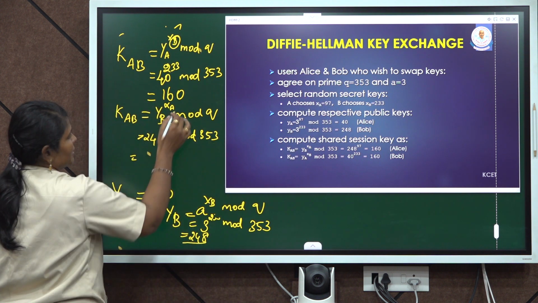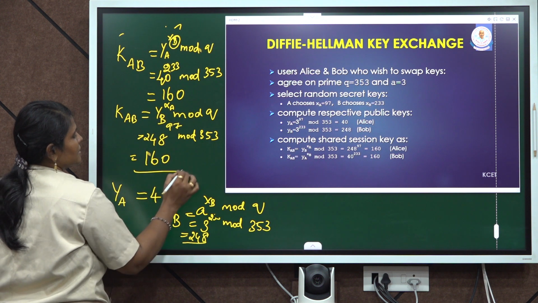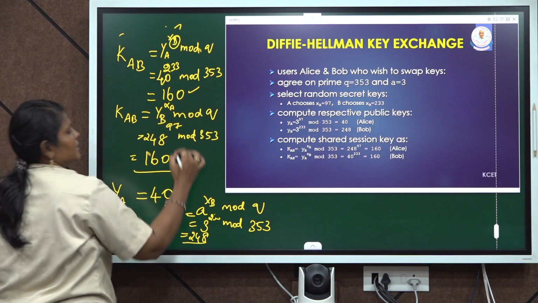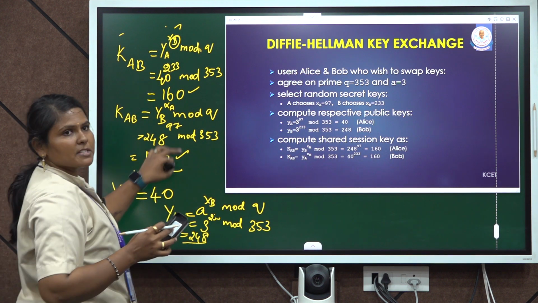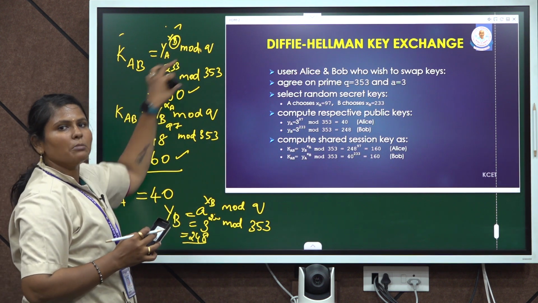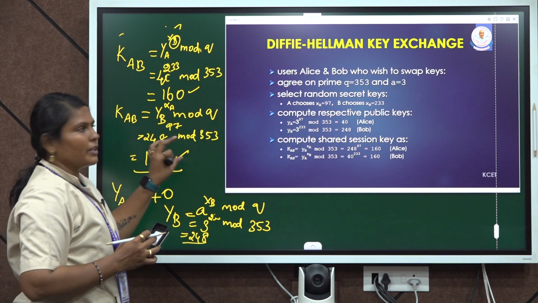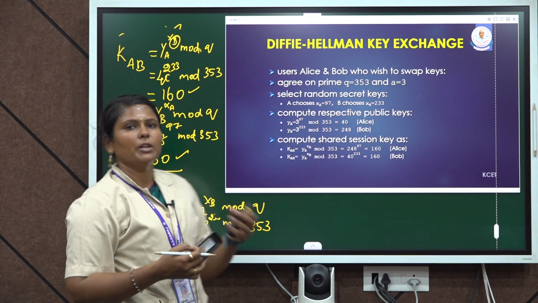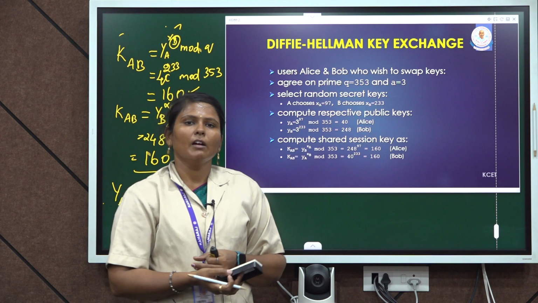Solving this, I get 160. Both values are 160, so it is common to the sender and the receiver. This is the secret key shared between Alice and Bob. In this way we can securely exchange our keys in the network. Thank you.